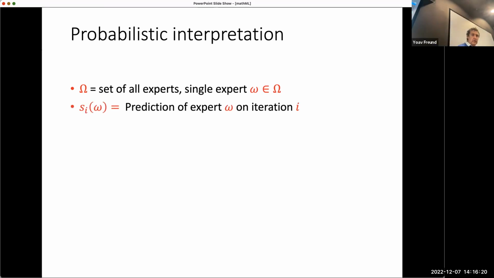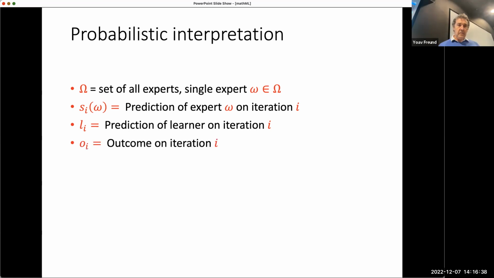And S_i^ω is the prediction of expert ω on iteration i, or formally speaking, it's a random variable. L_i is the prediction of the learner on iteration i, so it has no ω component. And O_i is the actual outcome. Okay, so this completely defines the game.